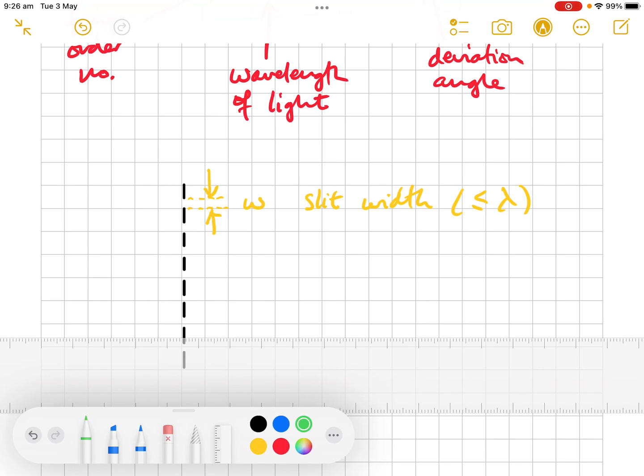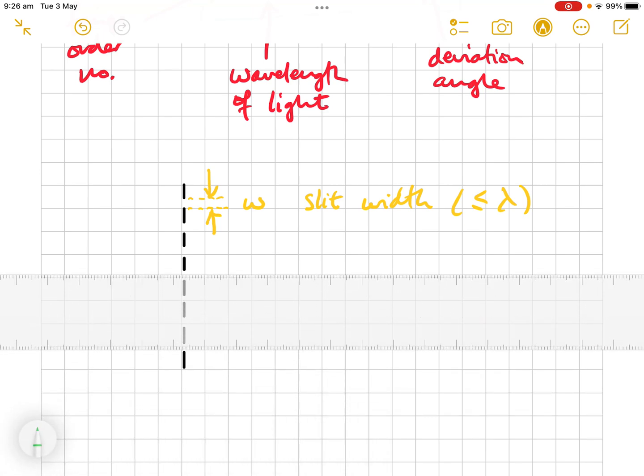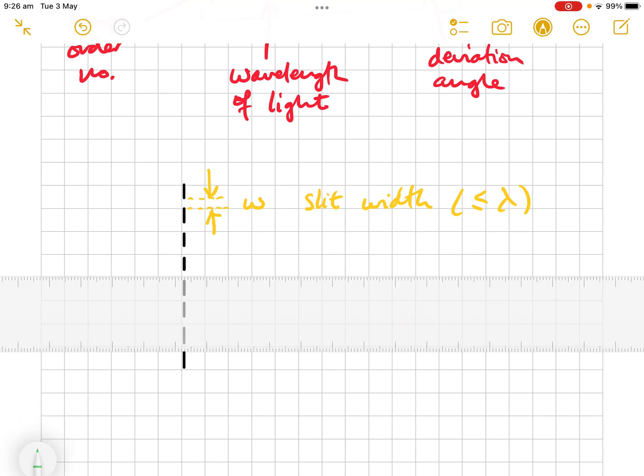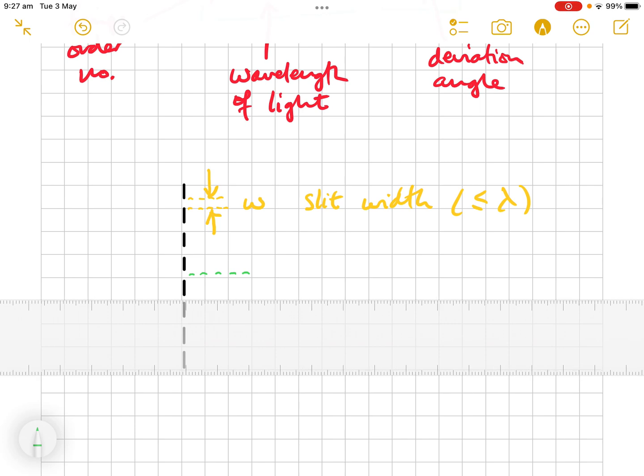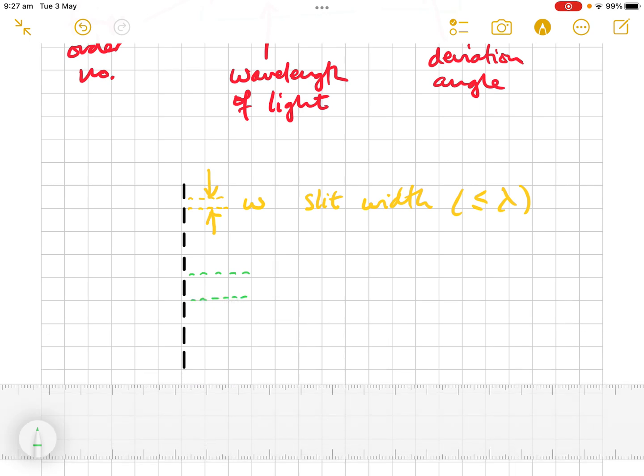Now the slit separation, on the other hand, is the distance between two adjacent slits. So from the centre of one slit to the centre of the next. And hopefully you can see the distinction.